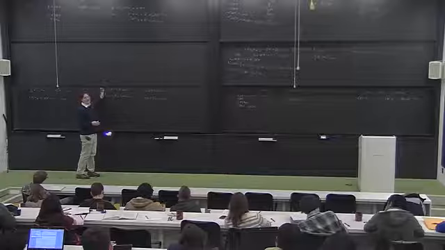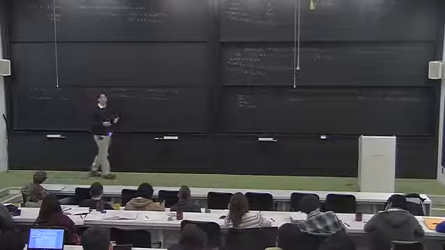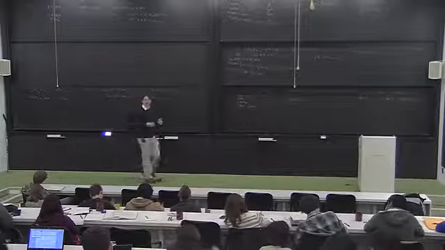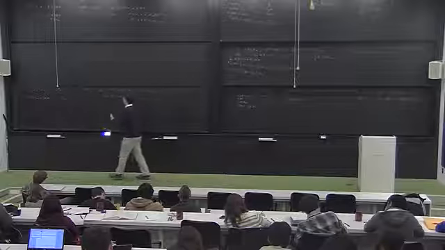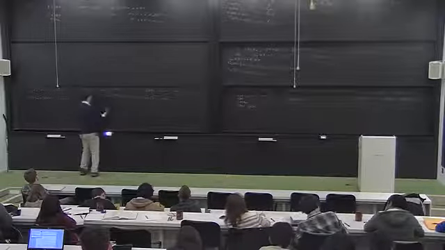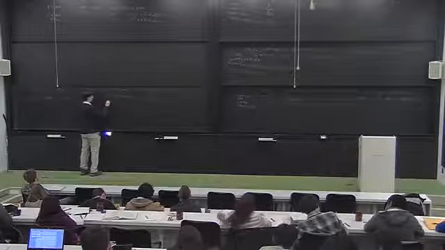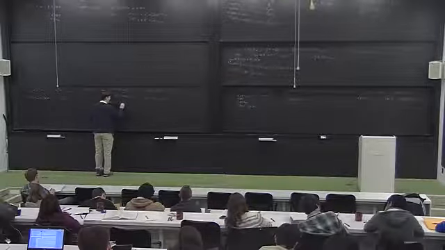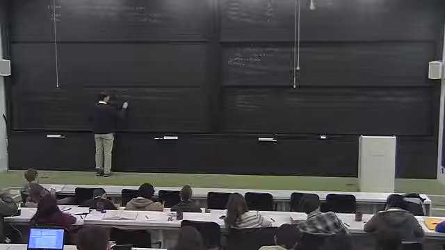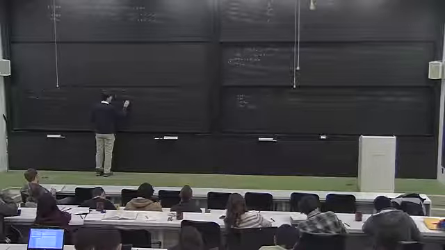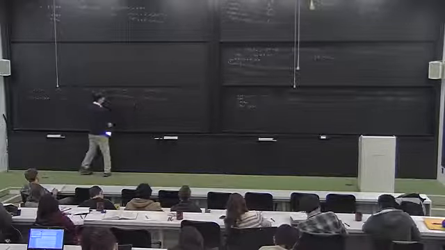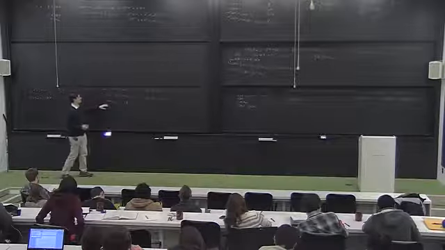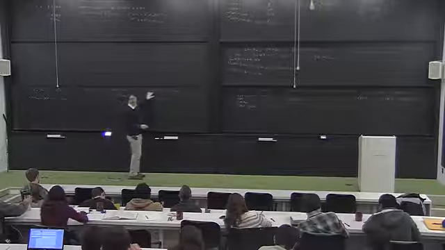But it still allows a bunch of states with 0 norm that you want to get rid of. These states are orthogonal to all the physical states. If I take any state which can be written as L minus n acting on something, and I contract it to the physical state, I'm going to get 0.